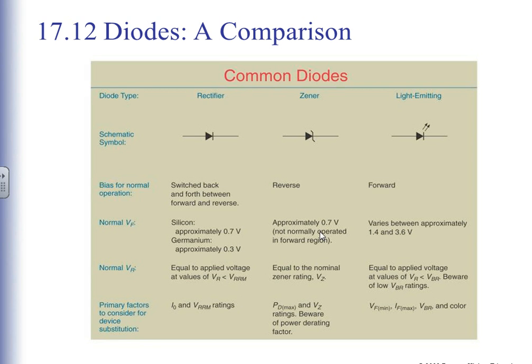The Zener still operates normally in the forward direction, but on purpose I end up in the breakdown region. And if I ever go in the breakdown region, I'm going to get there real quick.